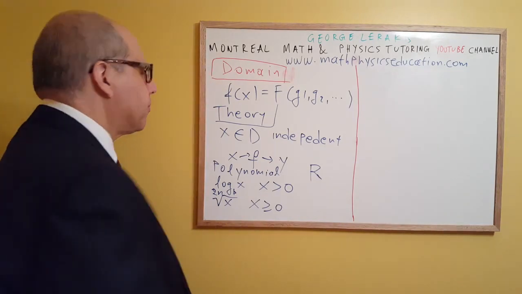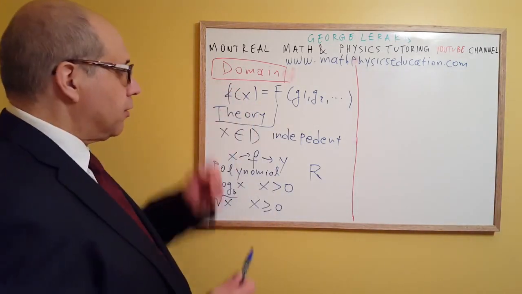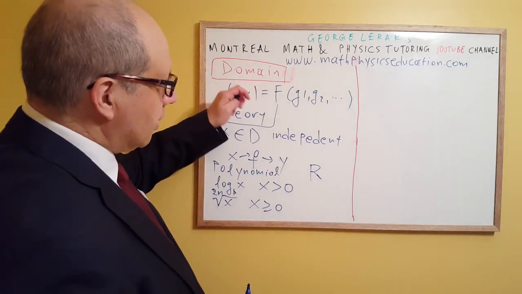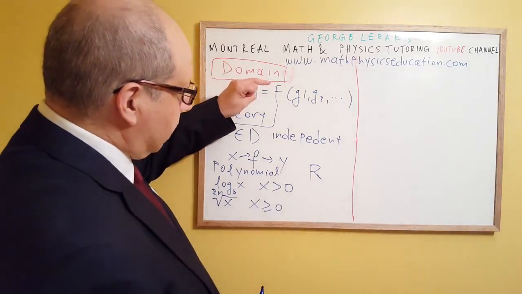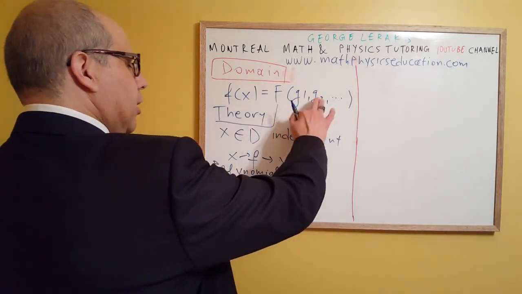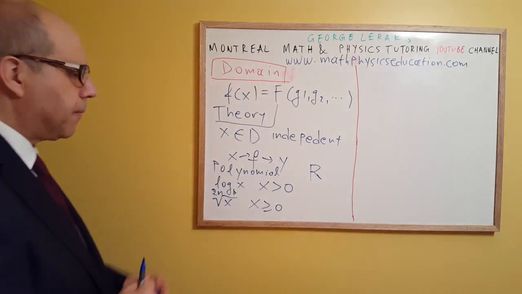Today I would like to discuss how to find the domain of a function. Let's say we have the function f of x. This function can be written as a function F of some smaller functions, which are the parts of this function.